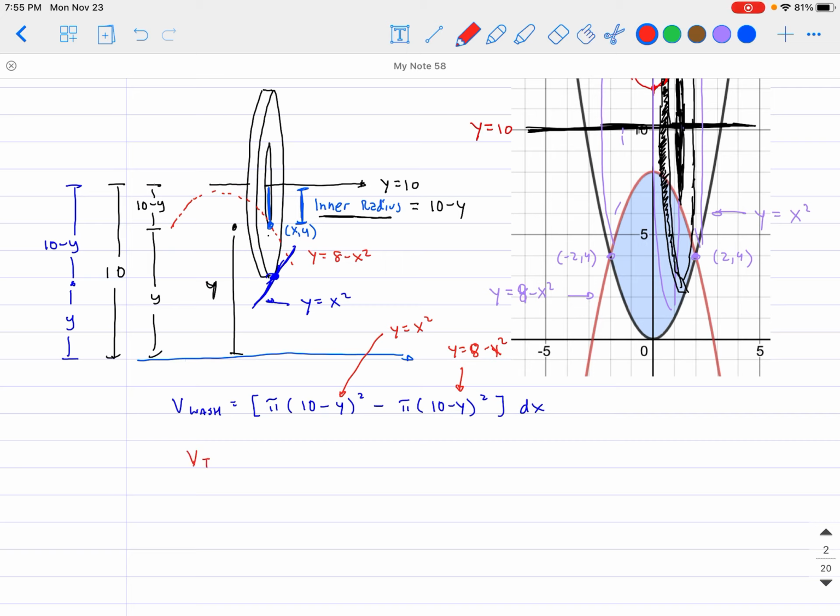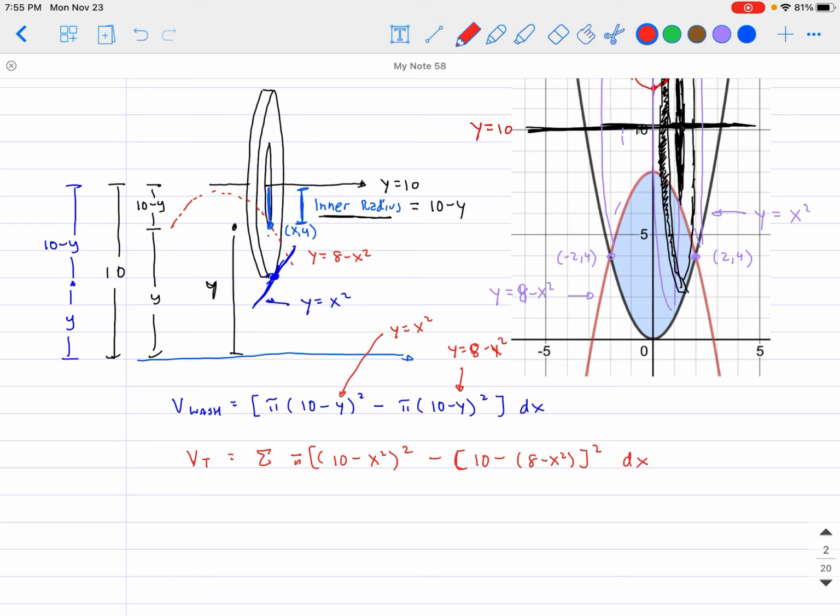The volume of the total is going to be the summation of every single one of those scenarios. At this point, I might as well go ahead and make that substitution right now just to make it a little bit easier. So 10 minus x squared, and then minus, let's go ahead and factor out the pi. Inside over here, we have 10 minus, in parentheses, 8 minus x squared, and then that is going to be squared as well.